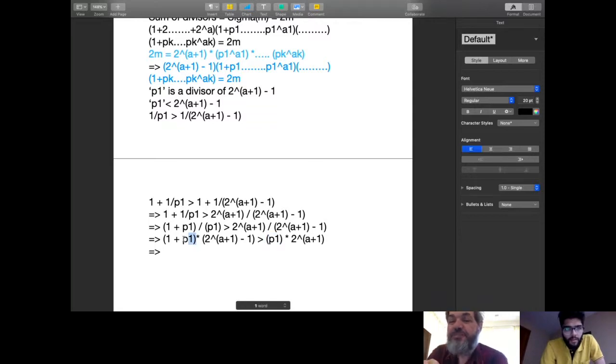You see? These are not exactly our blue parts, but they are close. If I multiply both of them by p1, I'm getting p1 squared on the right and p1 plus p1 squared on the left. If I multiply by p1 squared, I'm getting p1 cubed on the right and p1 cubed plus p1 squared on the left. And this is exactly part of what we have on the blue line. Let's just leave it at this, and those who really want to check this can check.